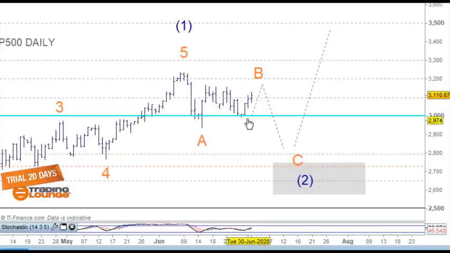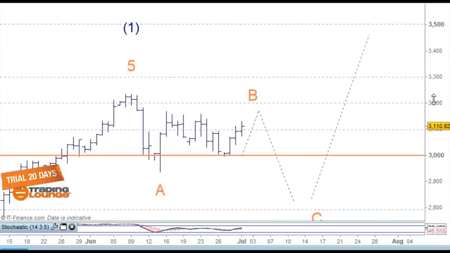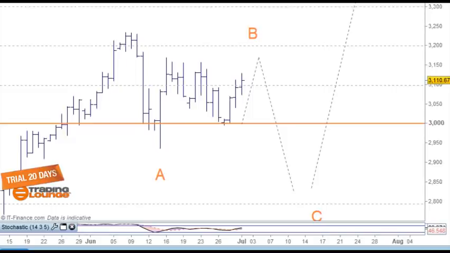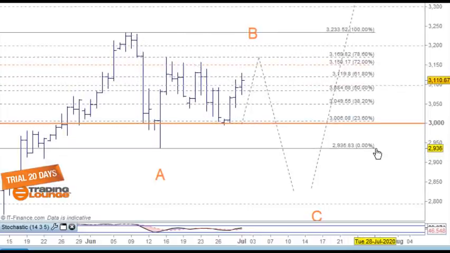But this move would be in 5 waves, and it would pull back up roughly to any of these highs. One of the things I also need to point out is that from this high to this A wave low, 61.8% is right where we are now, where all those opens and closes are.